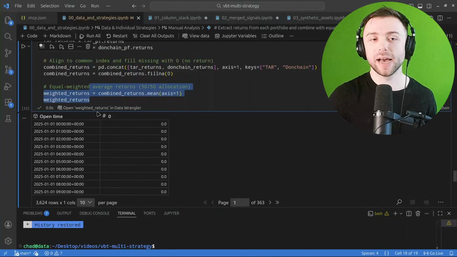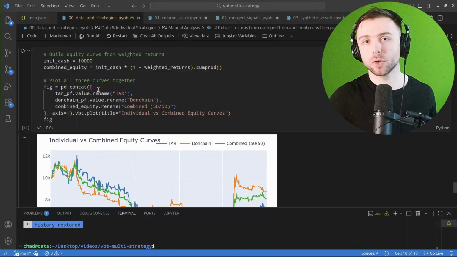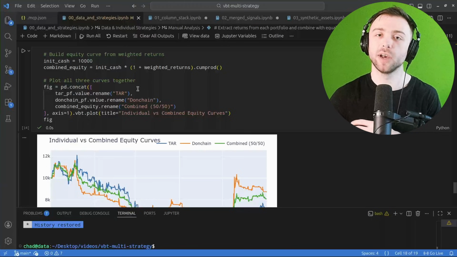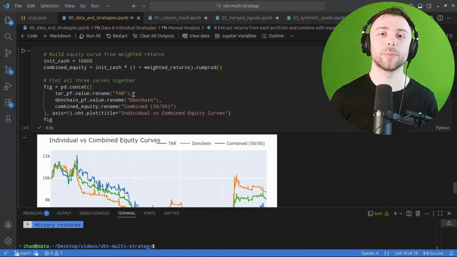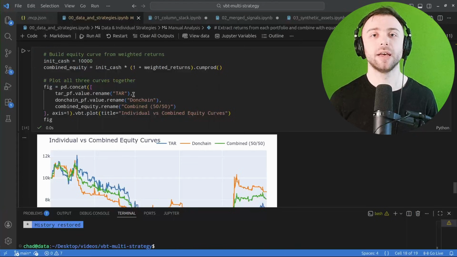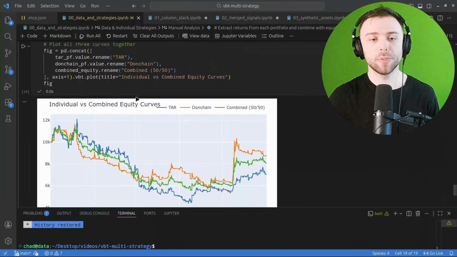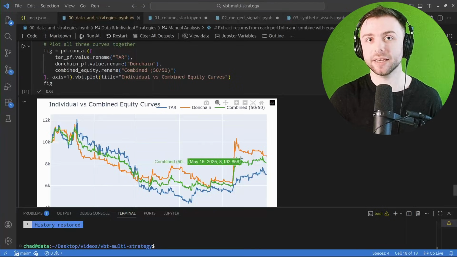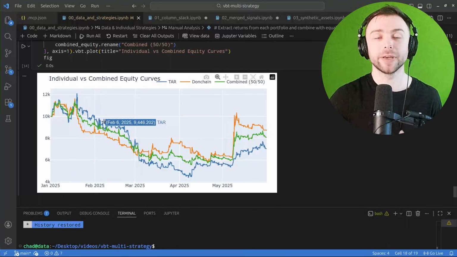So let's say I have the TAR strategy running on Binance on a bunch of meme coins, and then I have the Donchian strategy running on Interactive Brokers trading commodities. So they're completely separate accounts, completely separate accounting and cash management, etc. In that case, something like this would be relatively realistic in terms of establishing the properties of your equity curve that you get out of it and testing under different market regimes.